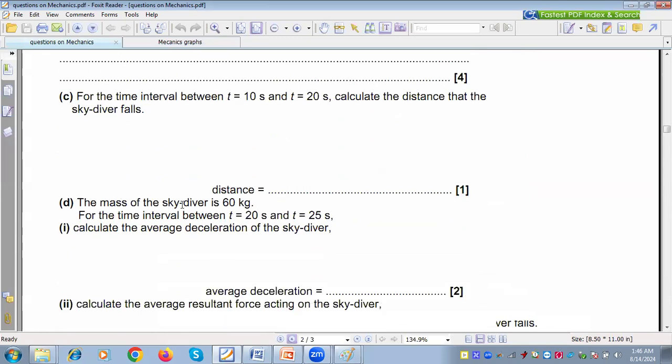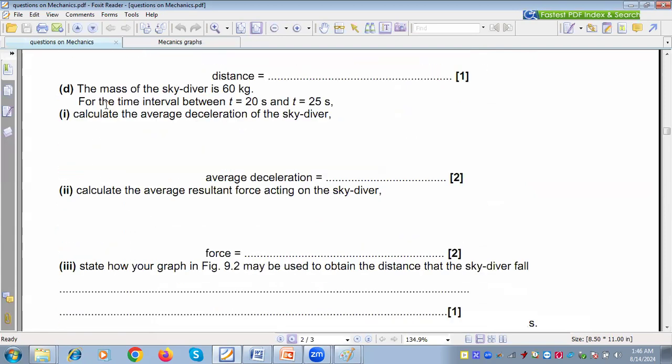The mass of the skydiver is 60 kilogram. For the time interval between t equals 20 and t equals 25 seconds, calculate the average deceleration. So the time interval is 5 seconds. And what was the initial speed? 50.